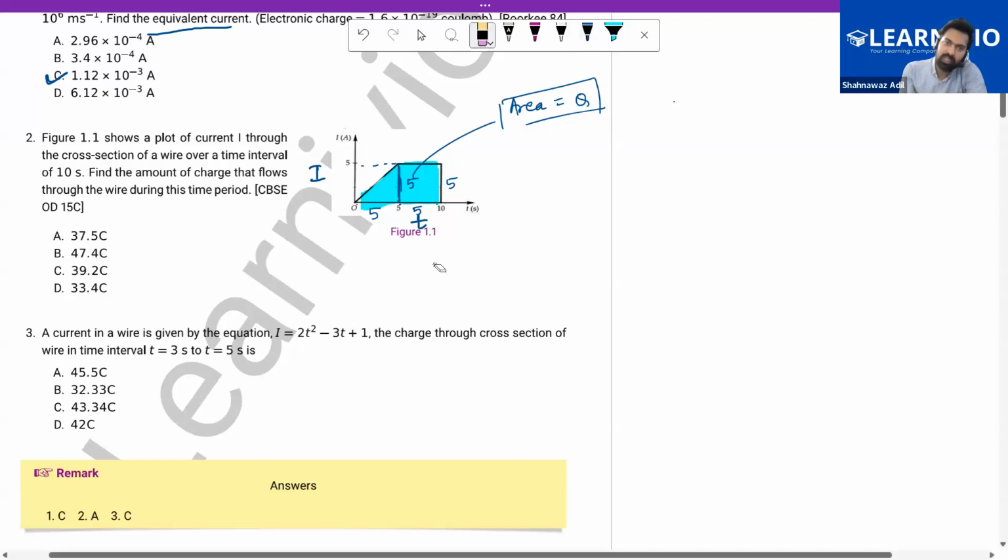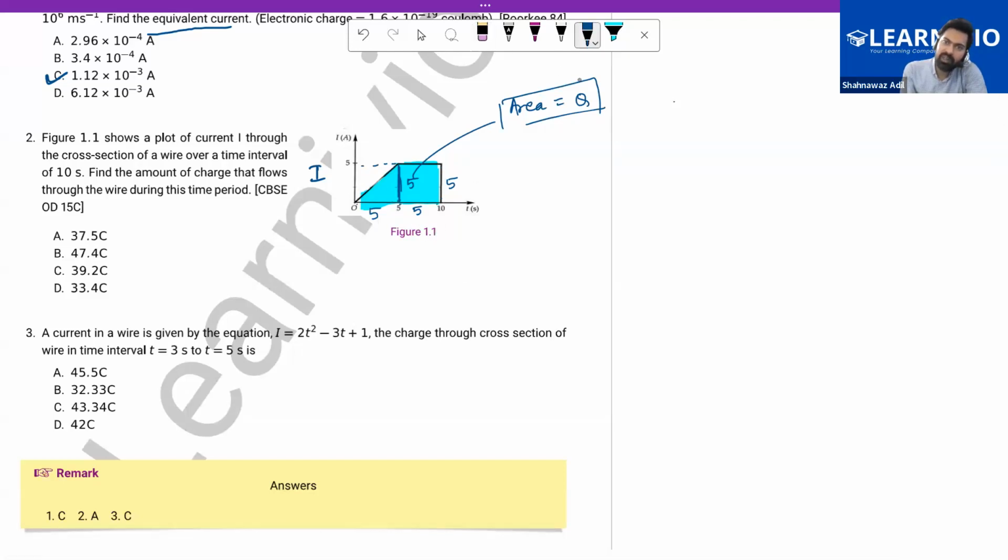So we have to find the area of this thing. This figure is made up of, let's say this is O, A, B, and C, and let's say this is D. So area of O, A, B, C would be area of O, A, D plus area of A, B, C.